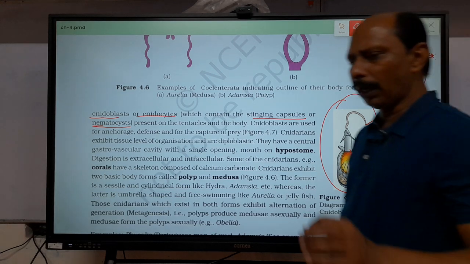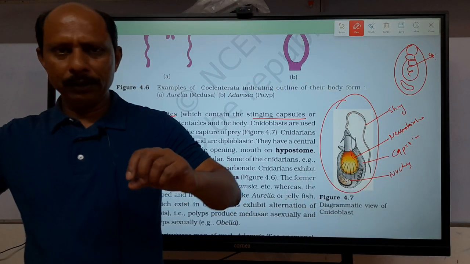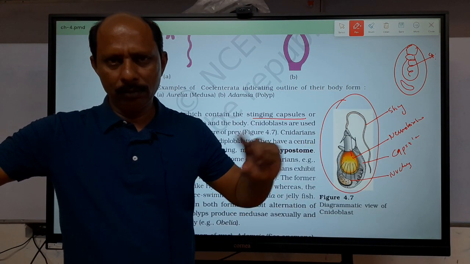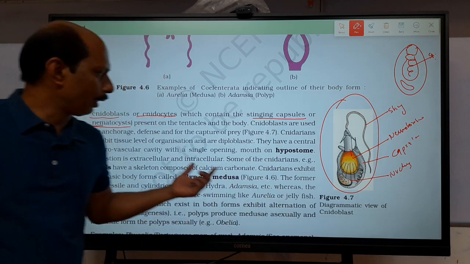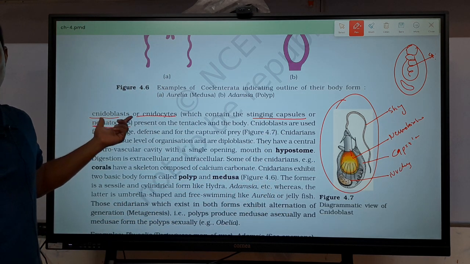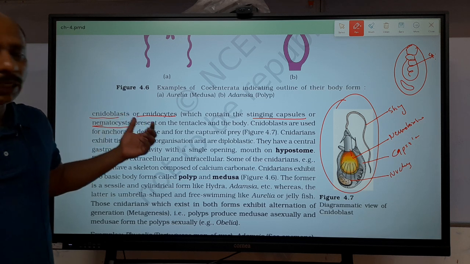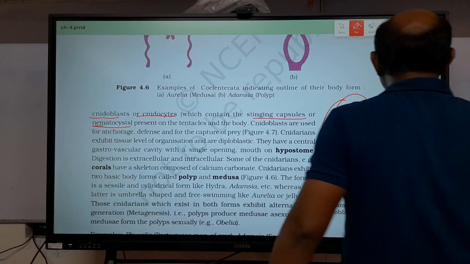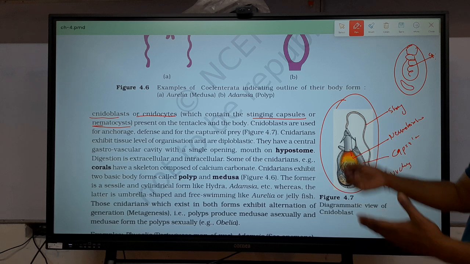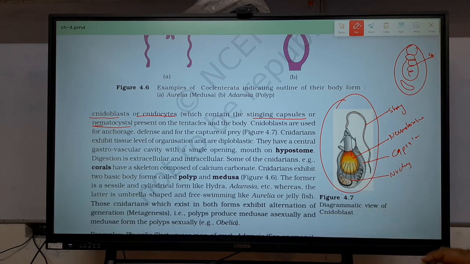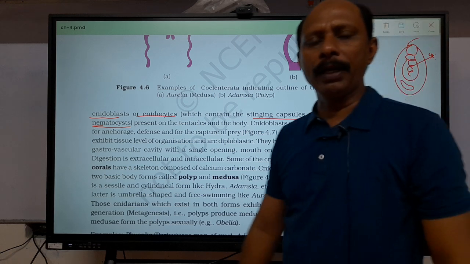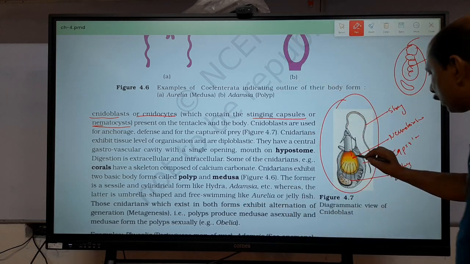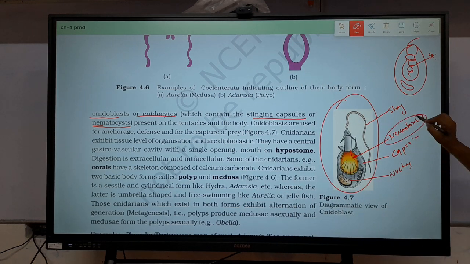Blast can mean suddenly activating, or forming new cells. Here cnidoblast is not forming new cells; the sting suddenly comes out in a blast manner and stings the prey, because the capsule contains neurotoxic poison.